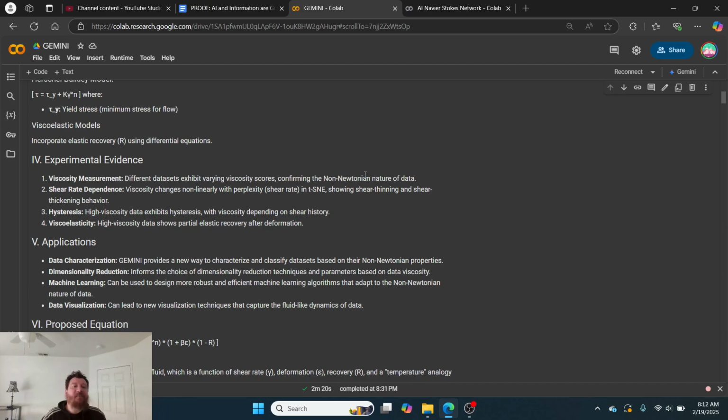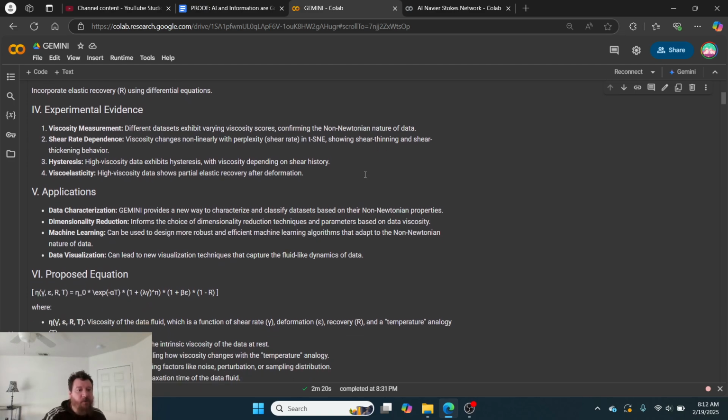Three, hysteresis: high viscosity data exhibits hysteresis, with viscosity depending on shear history. Four, viscoelasticity: high viscosity data shows partial elastic recovery after deformation.